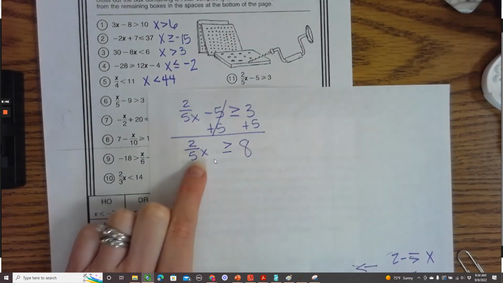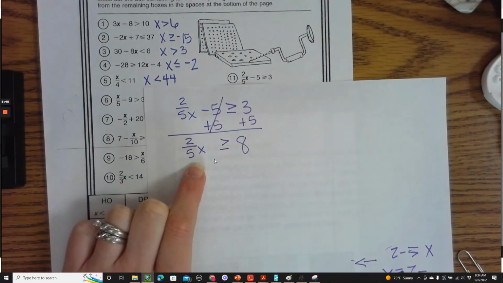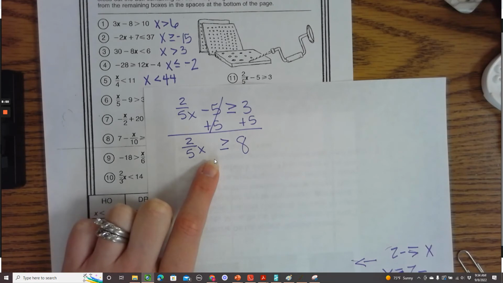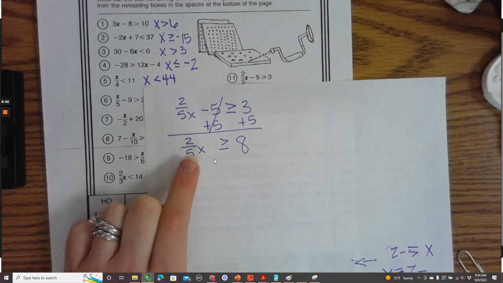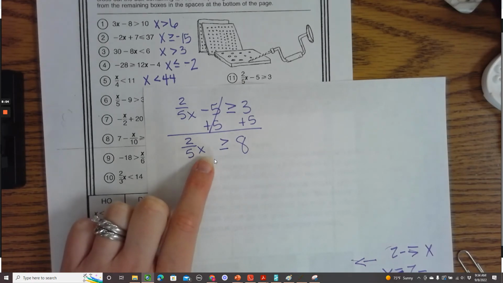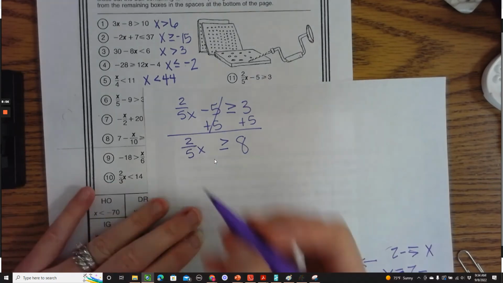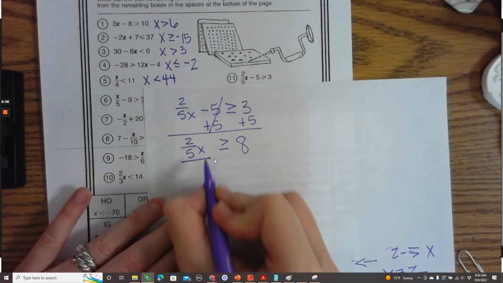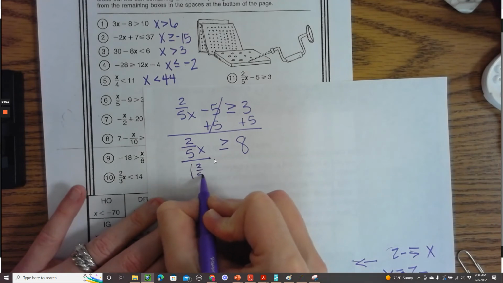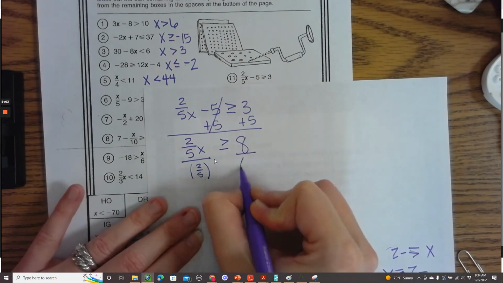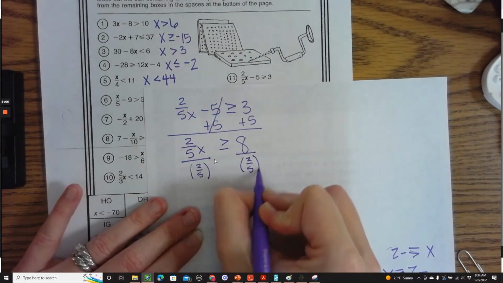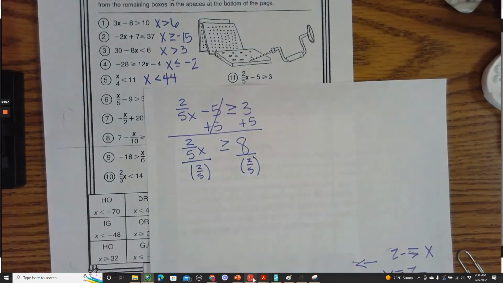All right. 2/5 x. So 2/5 is being multiplied by x. So that means I would have to divide by 2/5.